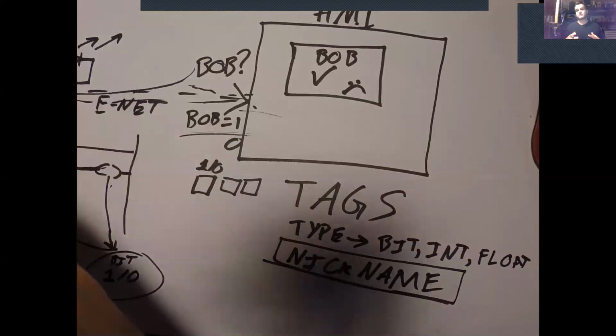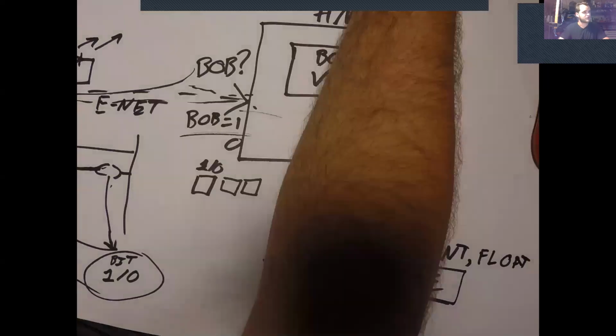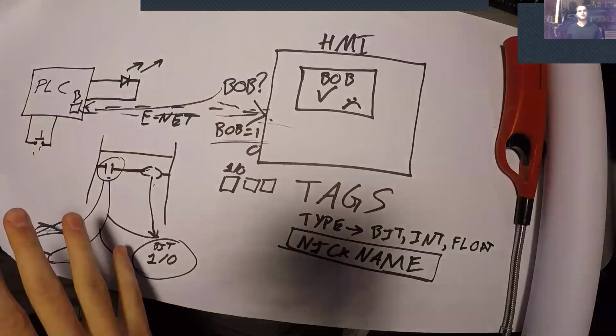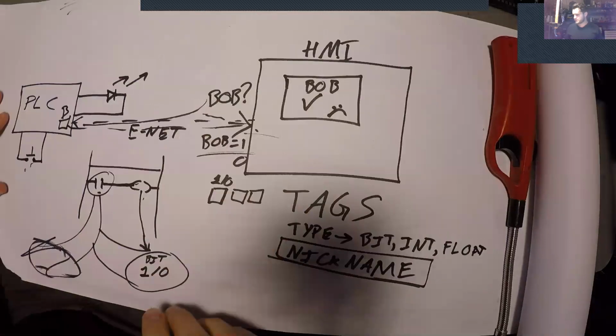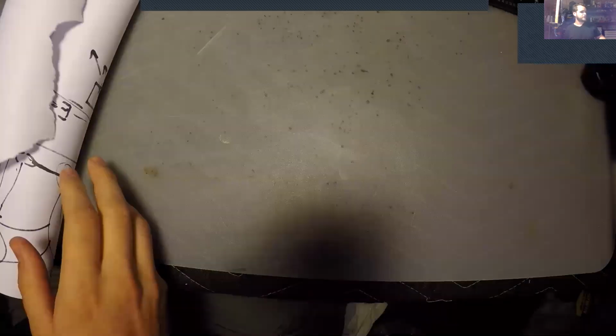So that's the gist of why you would want to use an HMI and how you kind of implement it from a programming perspective. Okay, I think that's all I want to say on the intro side.